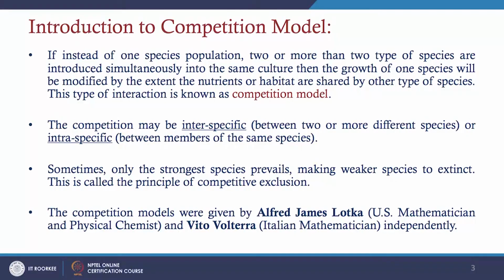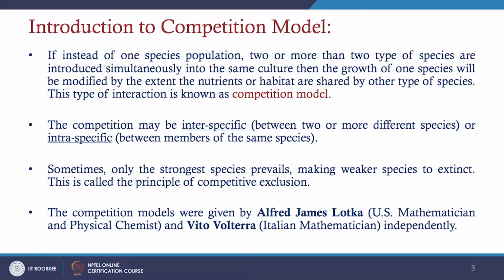If you go for this competition model, if instead of one species in a population, two or more types of species are introduced simultaneously into the same culture, then the growth of one species can be hampered by the extent of the nutrients or habitat that are shared by the other type of species.